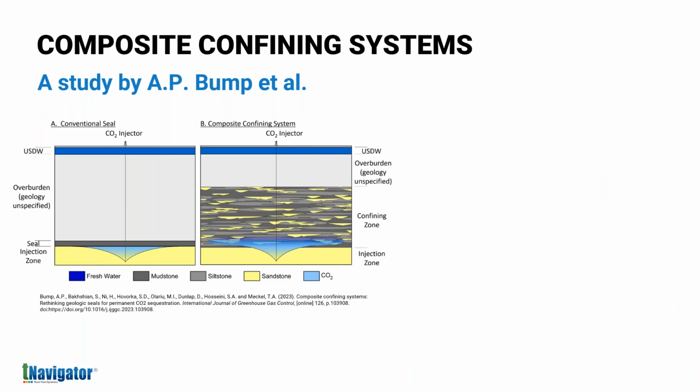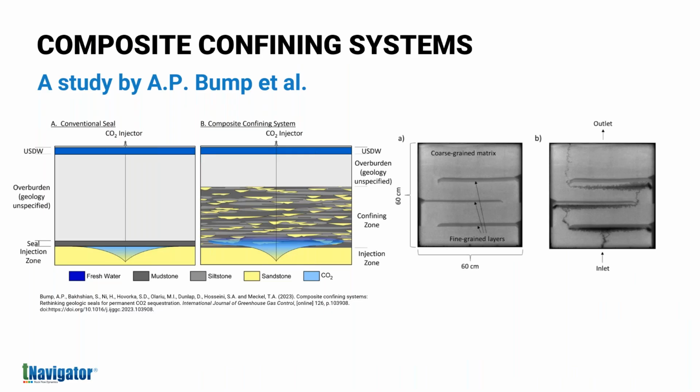And the alternative to that is the composite confining system, where we don't actually have this seal completely blocking everything, all the CO2 keeping it under the seal, but some of it actually exudes through, and some of it is then baffled by this confining zone. So here we have several sand bodies, some silt, some shale. Nothing is really laterally continuous, but overall as a system, it impedes the vertical movement of CO2 enough that it also serves as a seal. So this is the general idea behind it.